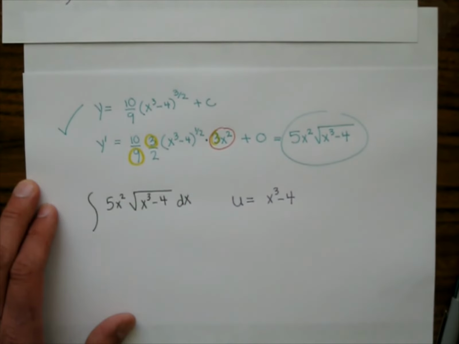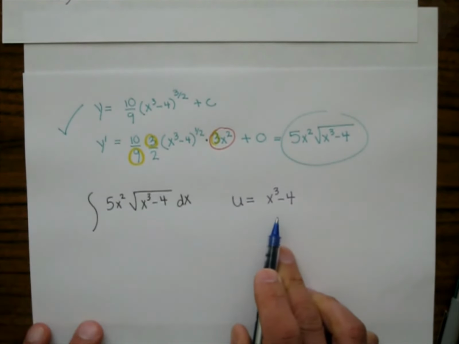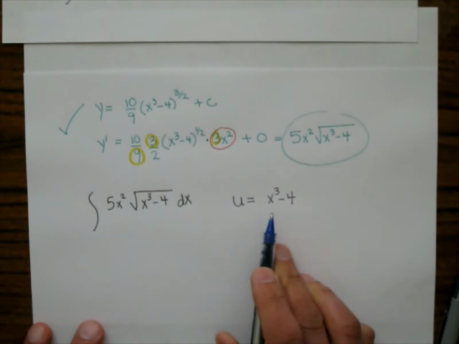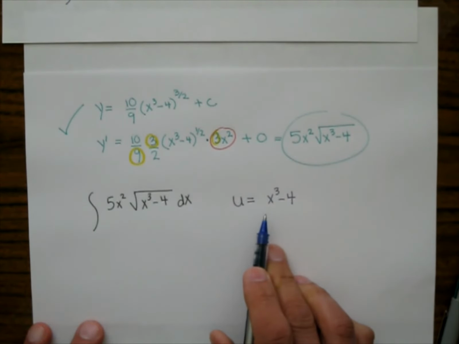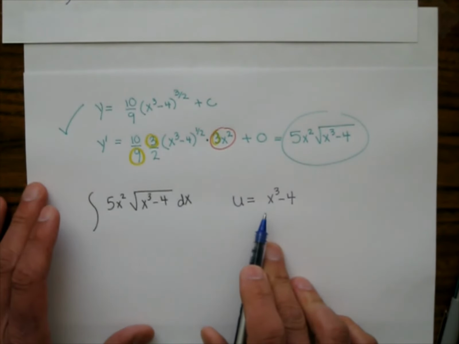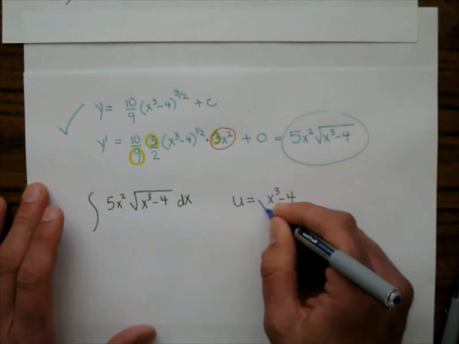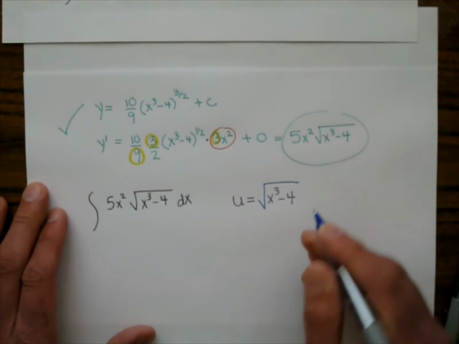Okay, well that was great. I'm going to show you that sometimes you could have more choices in terms of your u's. This is the one everybody would do, but I'm going to go ahead, and this is Math Gone Wild, volume 15. I'm going to let my u actually equal the square root of that.